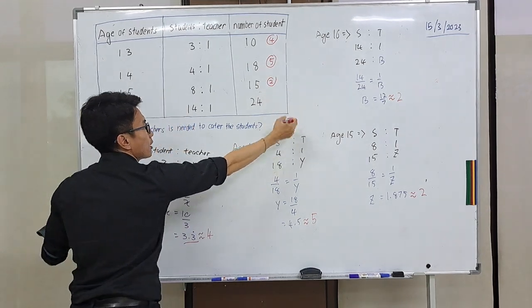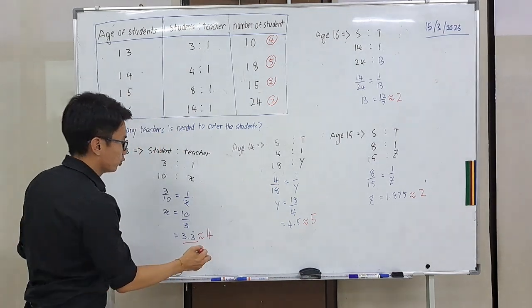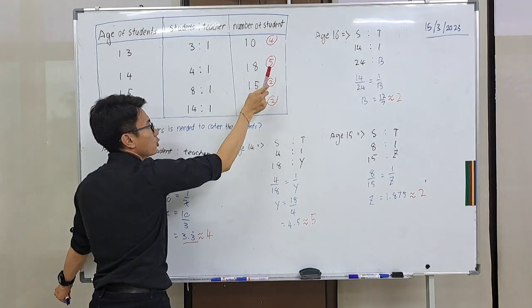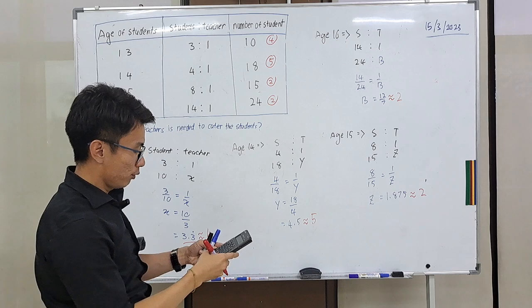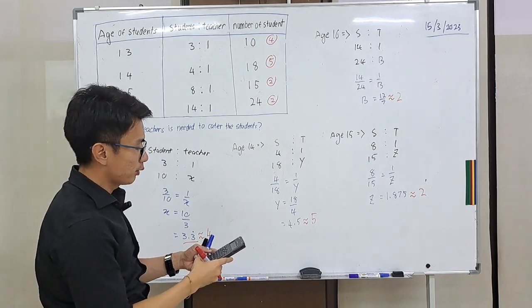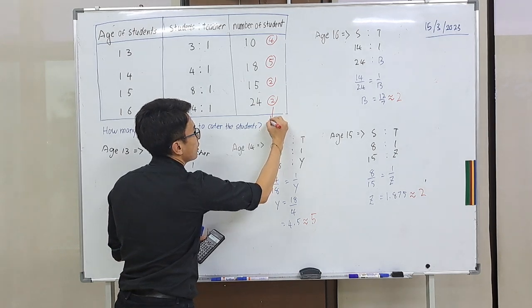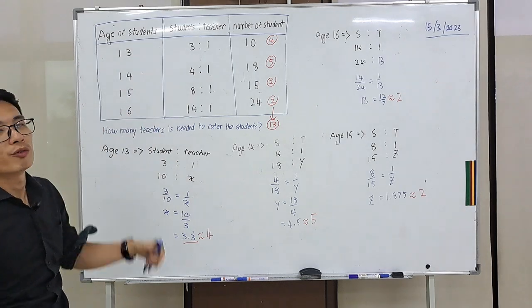And finally for age 16, another 2 students. Sorry, not students, my correction, teachers. I need 4 teachers, 5 teachers, 2 teachers, and 2 teachers. And then finally, I will add them all up. So 4 plus 5 plus 2 plus 2, and in total I will get 13 teachers. So that's how we solve this question.